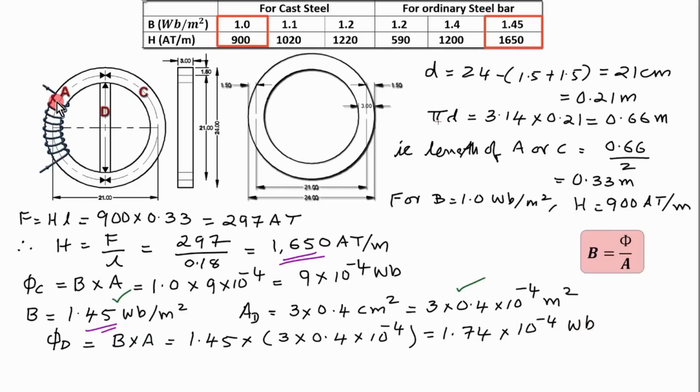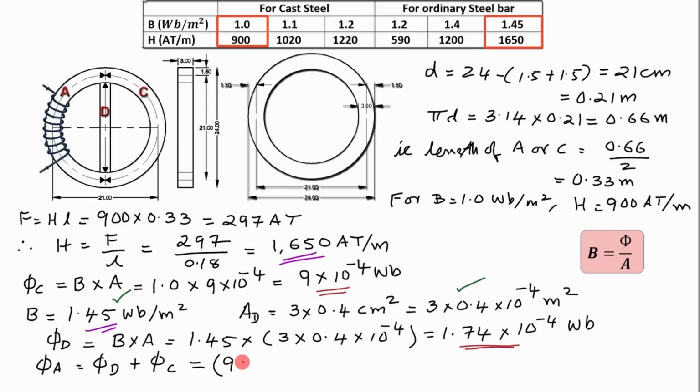Therefore, total flux through A is equal to flux through C plus flux through D. Phi A is equal to phi D plus phi C, which is equal to phi D we got as 1.74 into 10 raised to minus 4 and phi C we got as 9 into 10 raised to minus 4.